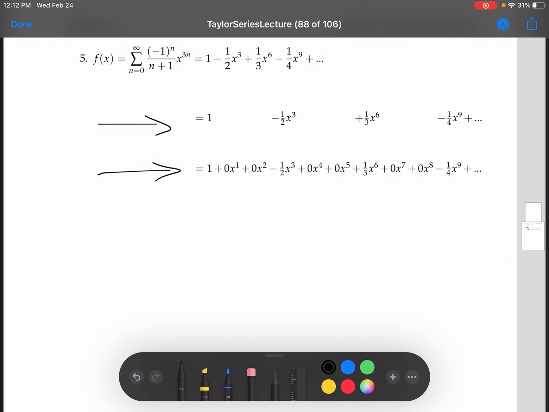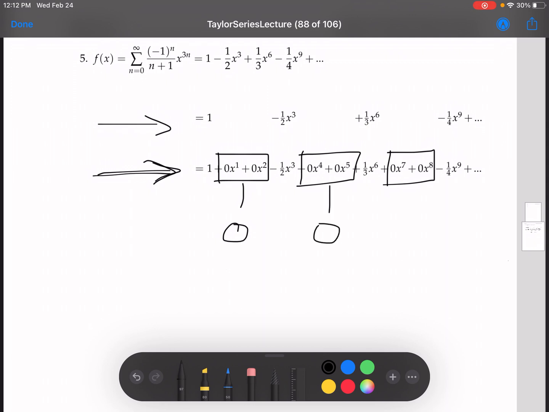They're not exactly the same because in this line here, I have these things added in here. But notice that these are actually just 0, right? These are just a fancy way of writing 0. Plus 0, plus 0, plus 0. Adding zeros to things doesn't change the overall equality.